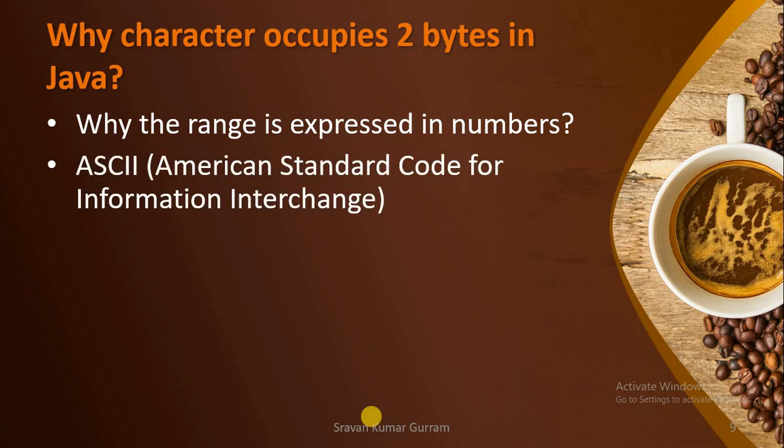We know that all the characters on the keyboard are translated into integer values called ASCII. ASCII stands for American Standard Code for Information Interchange. This is a standard maintained by every keyboard manufacturer.